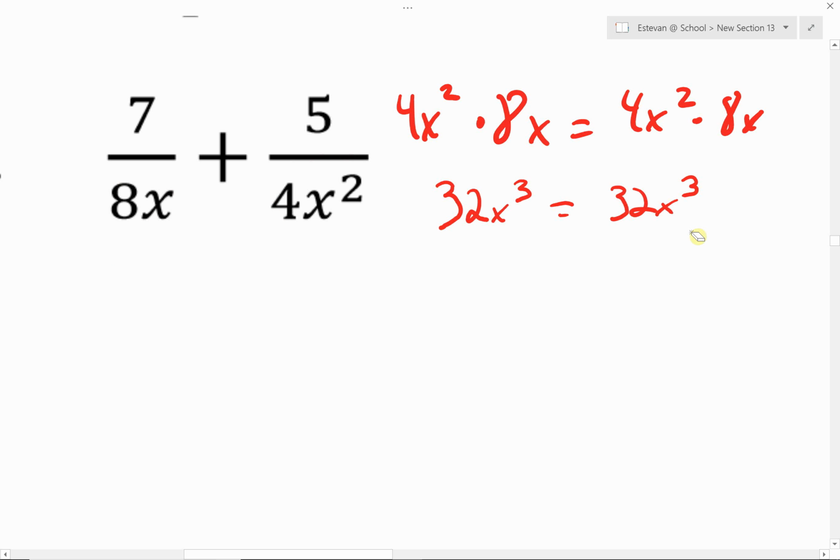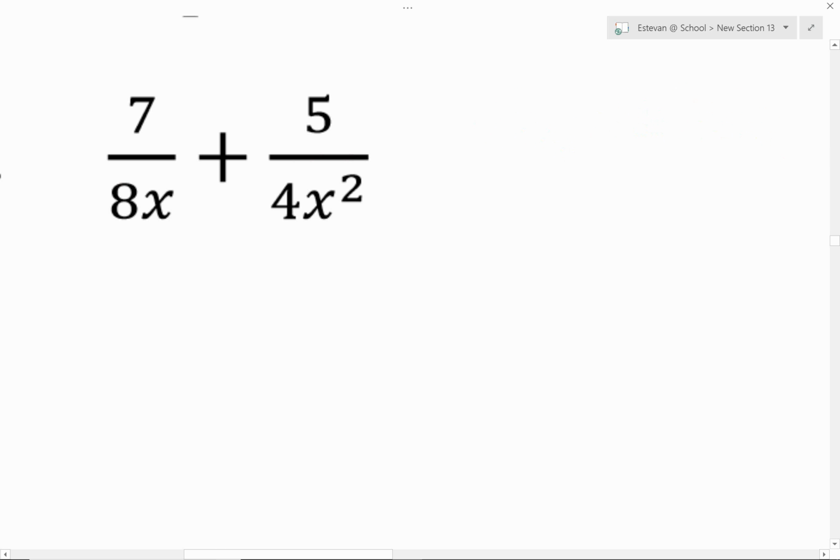But when it comes to this, there's a little bit of a faster way. If I have 8x and I want it to be the same thing as 4x squared, this 8x is technically missing just an extra x because x squared is denoted as x and x. So I could just multiply both sides by x.